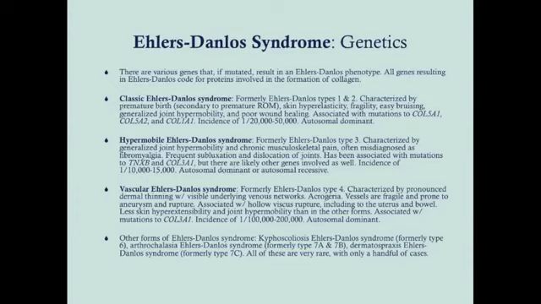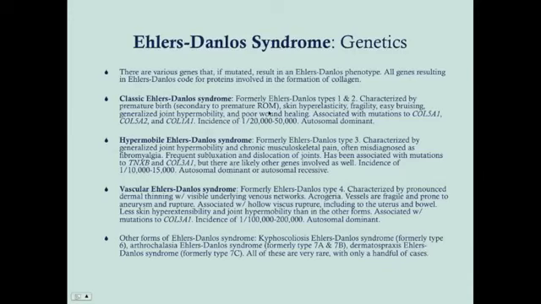If you're given a vignette, you'll be asked about the classic Ehlers Danlos syndrome, and this used to be called type 1 and type 2. And this is associated with a premature birth, secondary to premature rupture of membranes, skin hyperelasticity, fragility, easy bruising, generalized joint hypermobility, and poor wound healing.